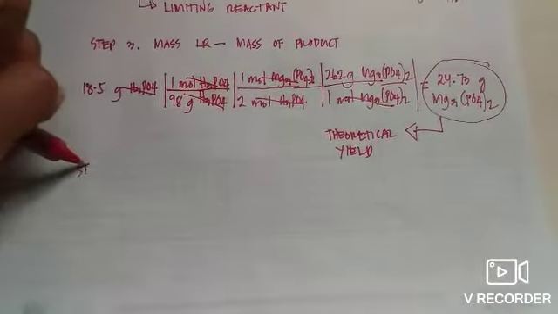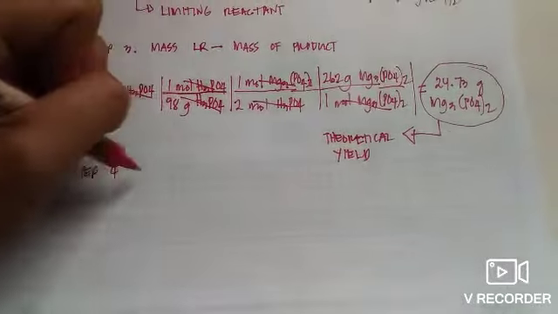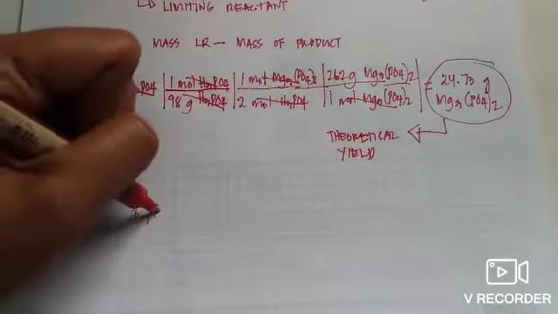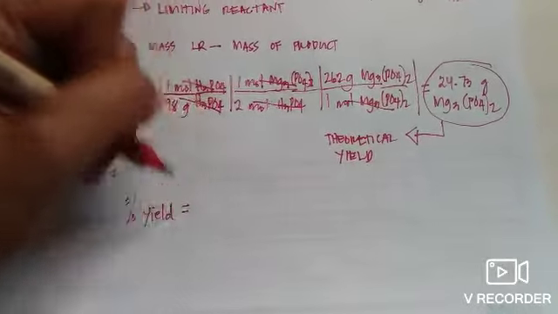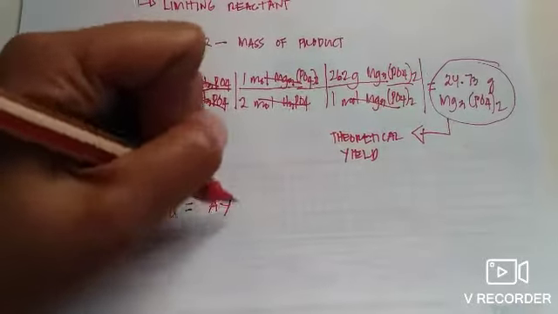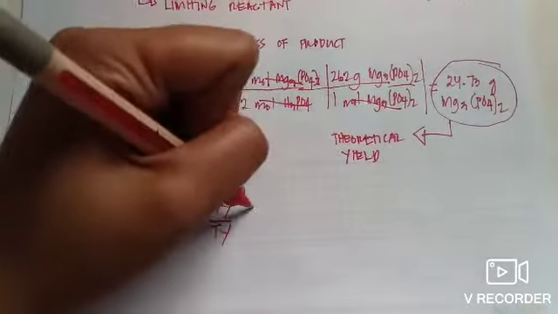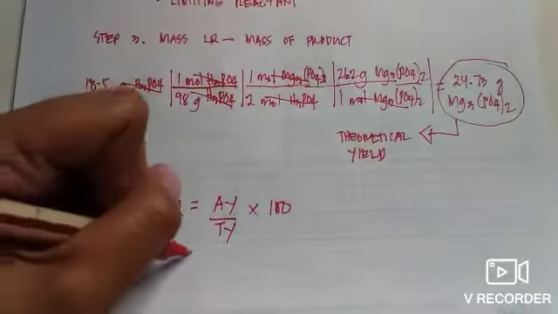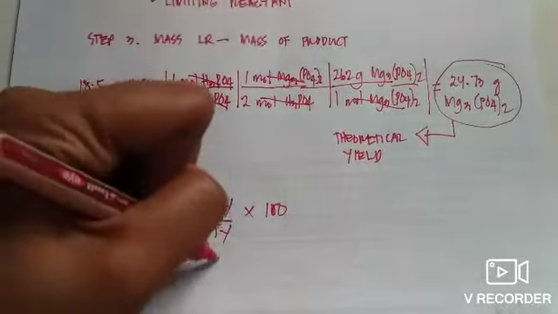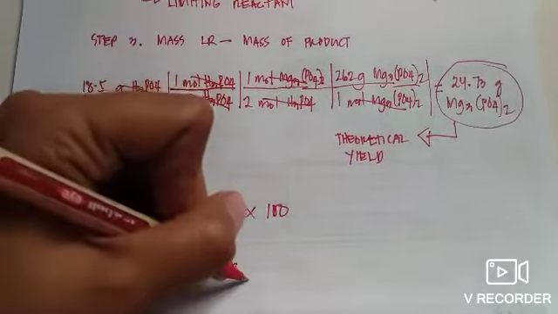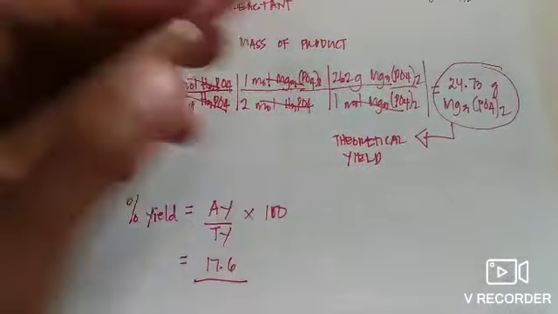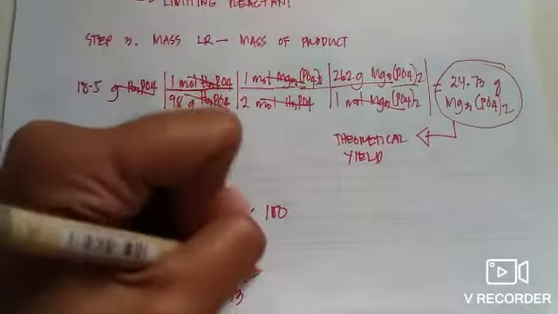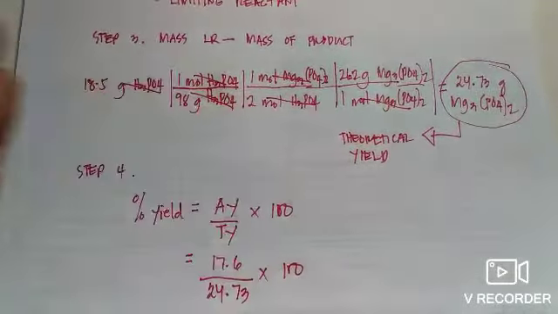Step 4 is calculating the percent yield. Our formula: AY over TY times 100. In our problem, we have the actual yield of 17.6, then our theoretical yield is 24.73, times 100.